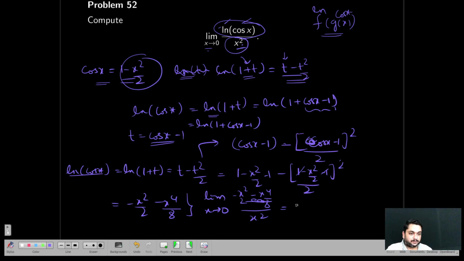Now to solve this limit, take x square common, limit x approaches 0, x square into minus 1 by 2 minus x square by 8, whole divided by x square. This gets cancelled. Then we'll put 0 here, and we get it as minus 1 by 2.